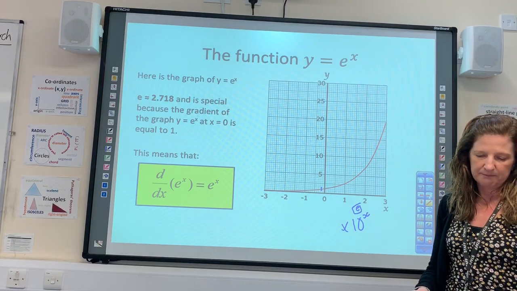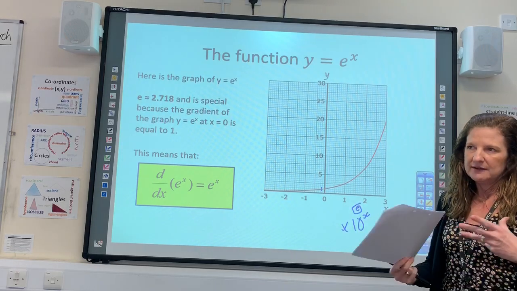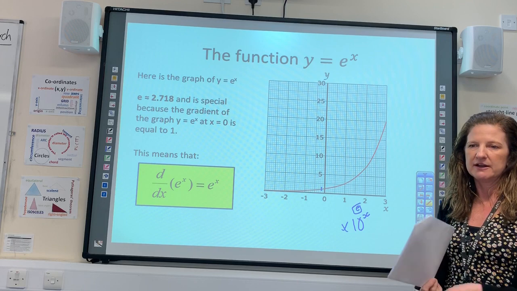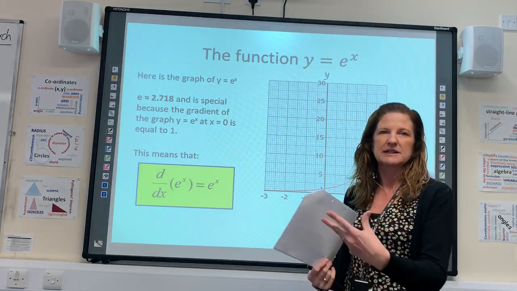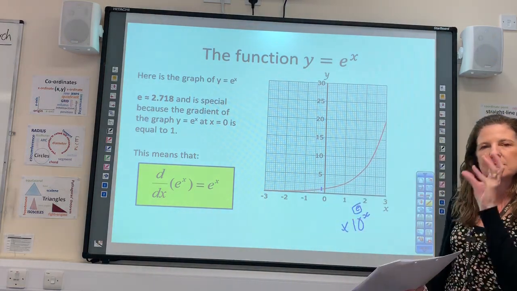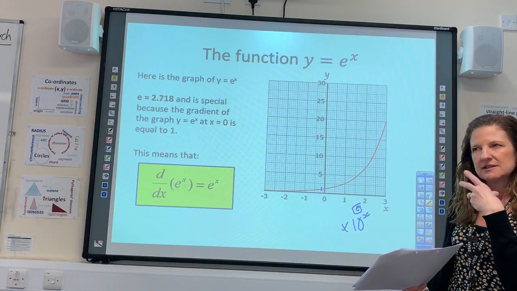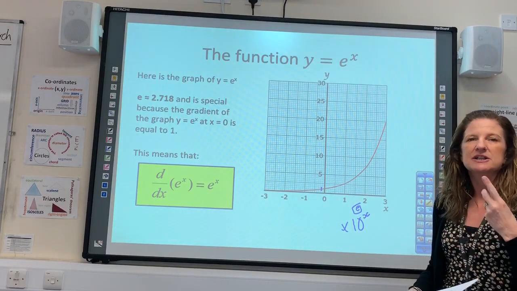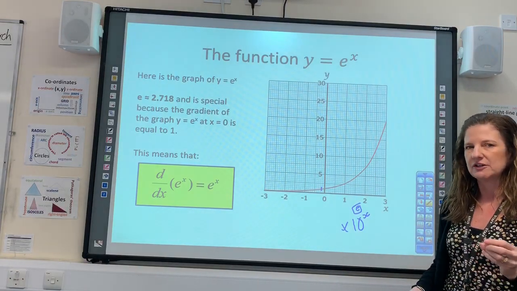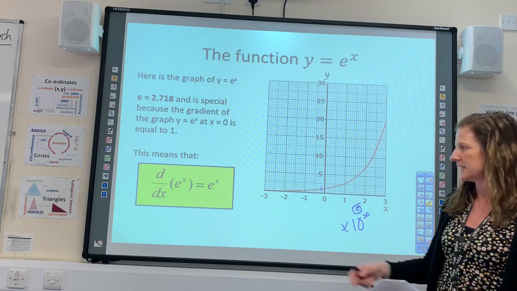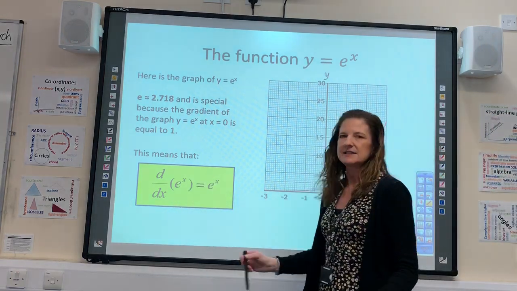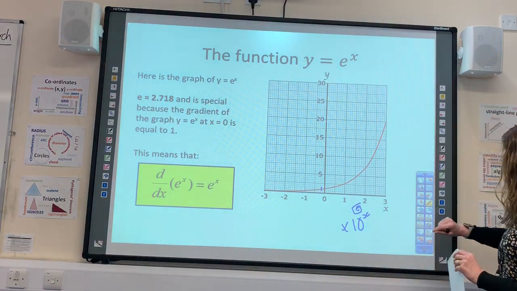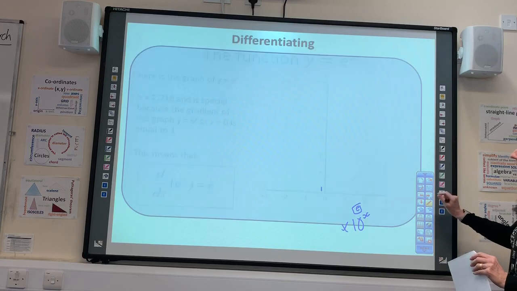And this is to do with, in nature or in the real world, when you have things that are exponentially growing or exponentially decaying, the base number indicates the speed at which they grow or decay, and e is something that occurs a lot in nature, so you get a lot of exponential growth and decay with this as its base number. Okay, right, so let's have a look at the differentiation now.